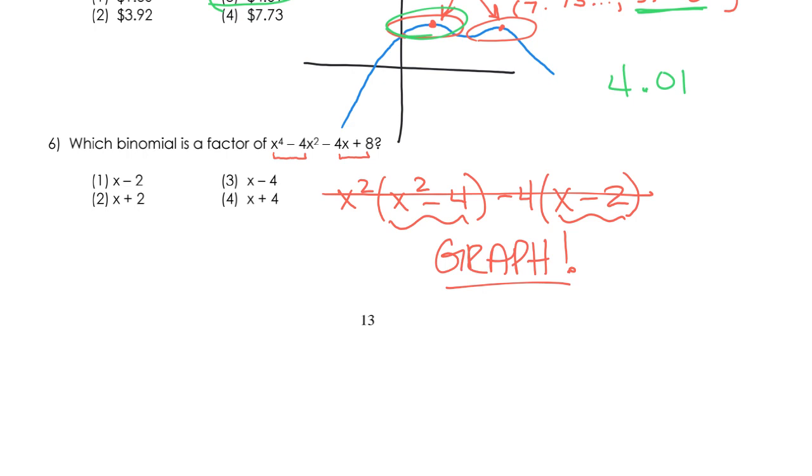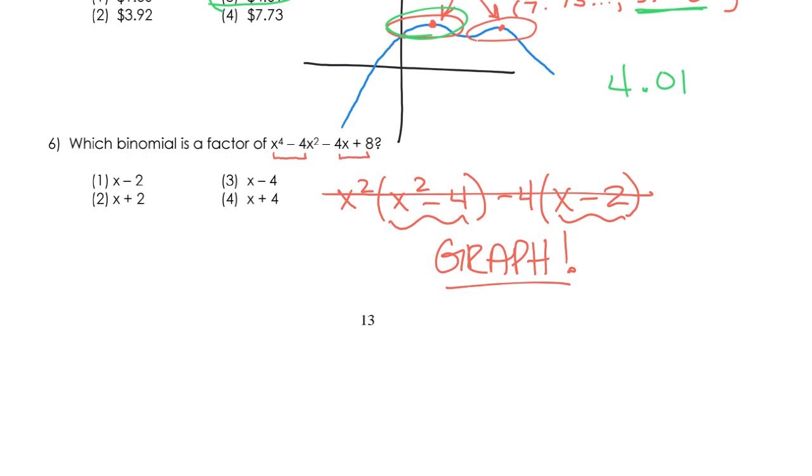I'm going to go to y equals and type in x to the 4th minus 4x squared minus 4x plus 8. Our usual system of finding things out does not work for that first question on this page, number 3, nor this question.